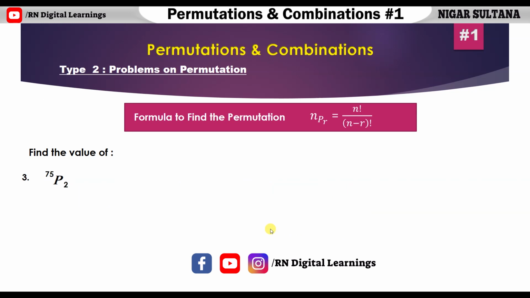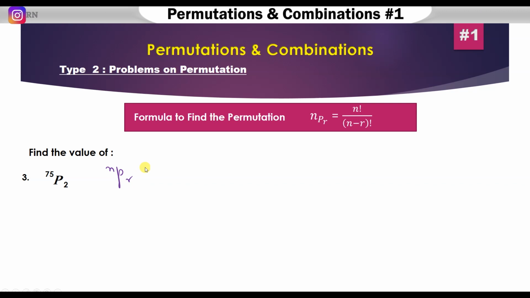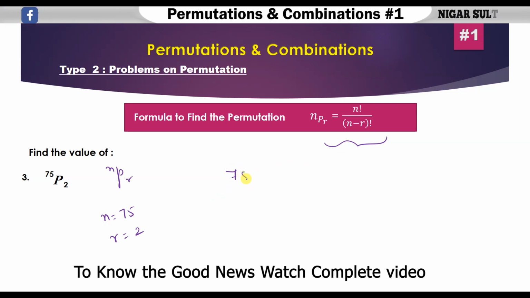Now let's see the next problem. 75P2. Again this is in the form of nPr. So value of n is 75 and the value of r is 2. Let's substitute this n and r value in this formula. n factorial is 75 factorial divided by n minus r, that is 75 minus 2 is 73 factorial.